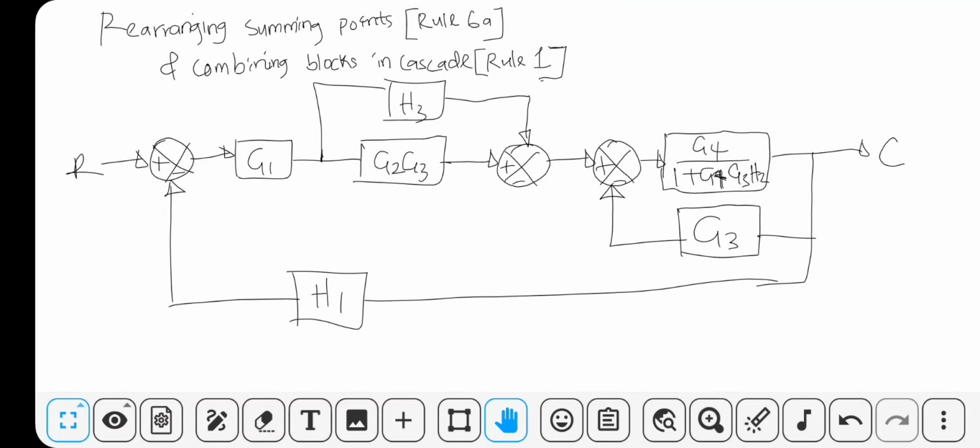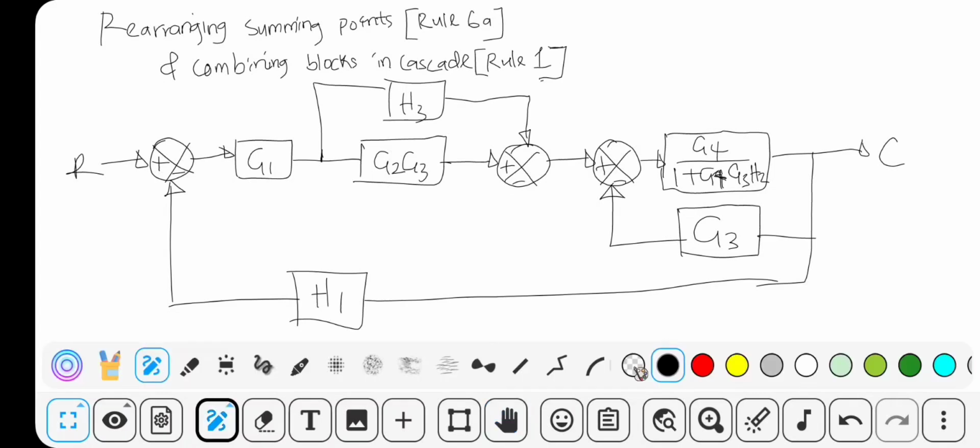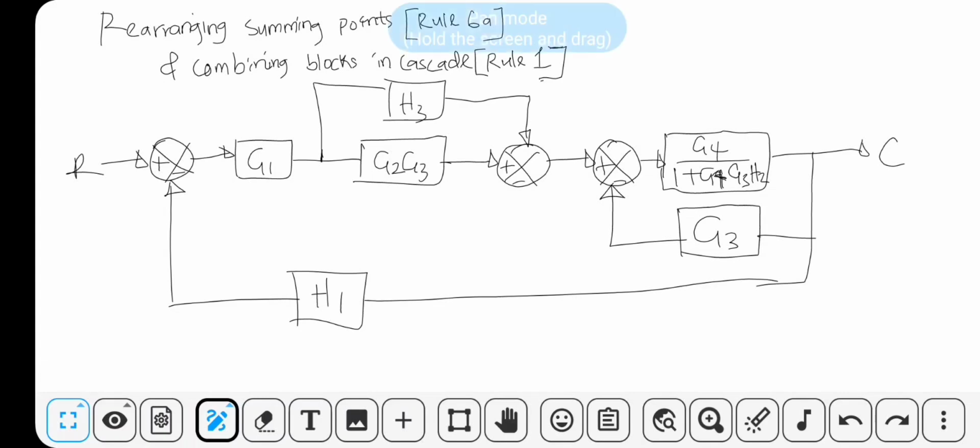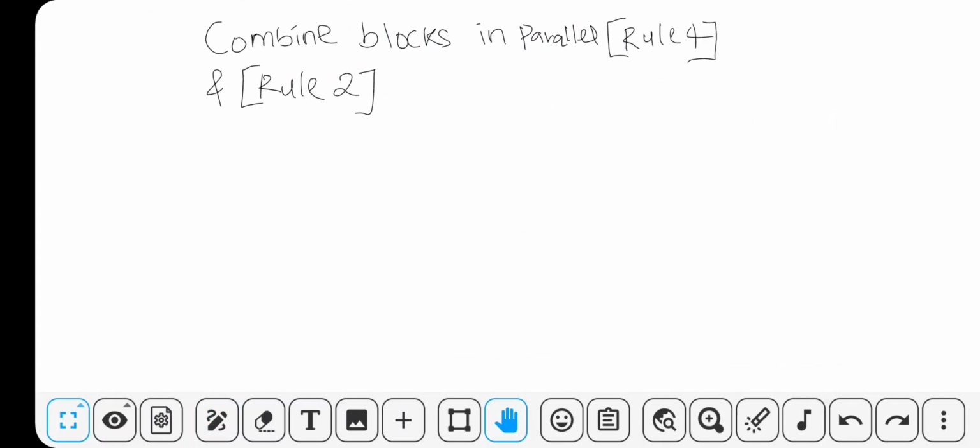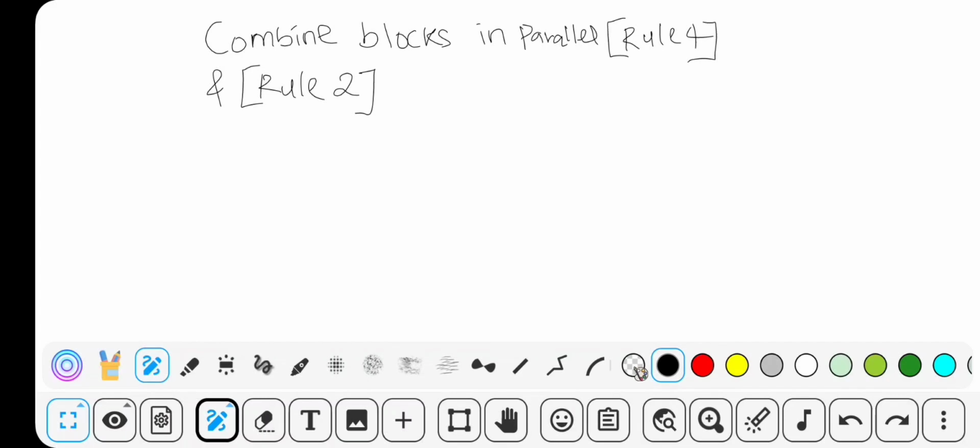Rule 4 is for feedback loop. This is a feedback and this is feed forward. So rule 2 is for feed forward, rule 4 is for feedback. So after combining the blocks, you have this plus minus. So we are almost done with this question.